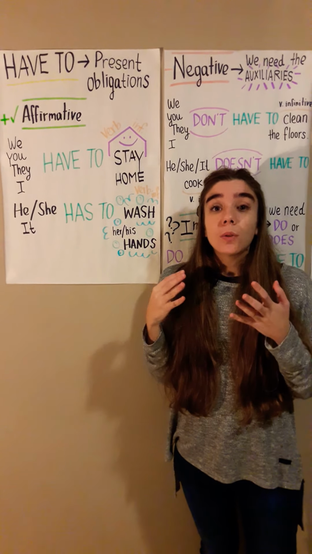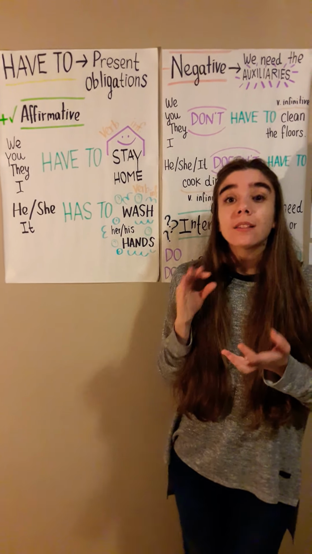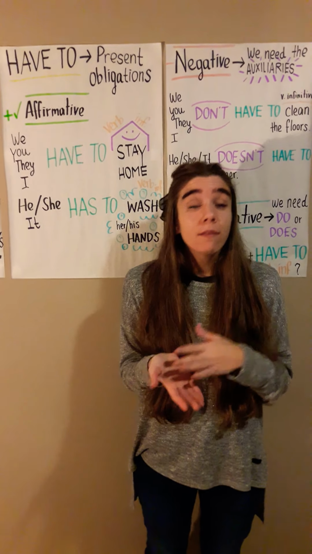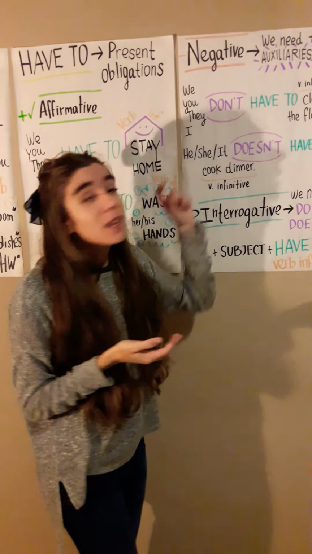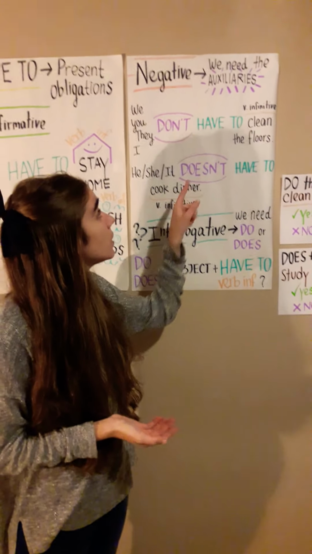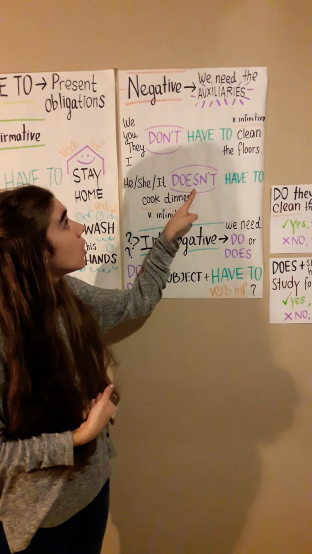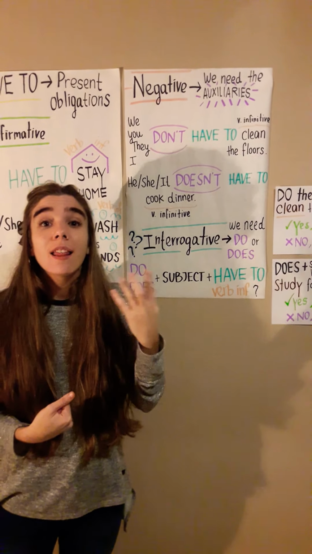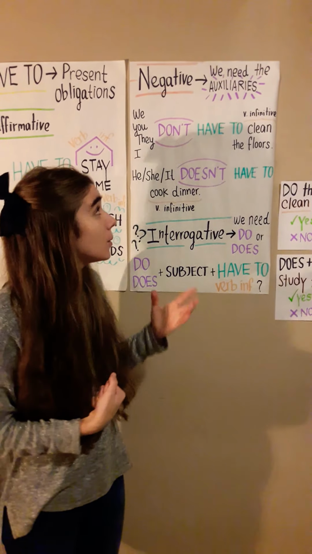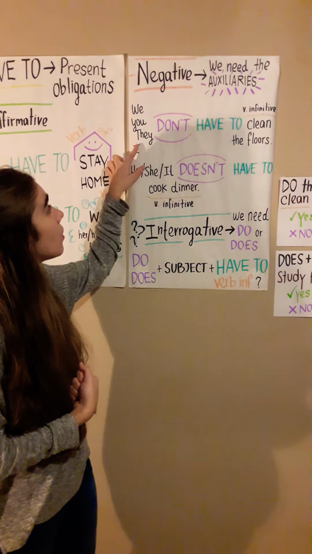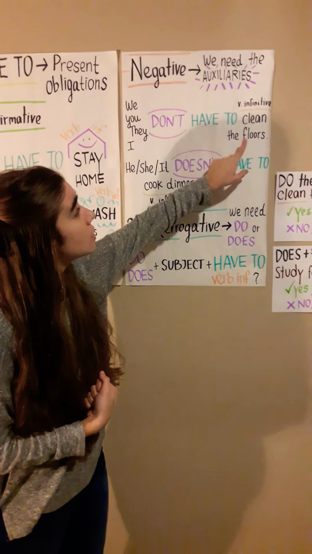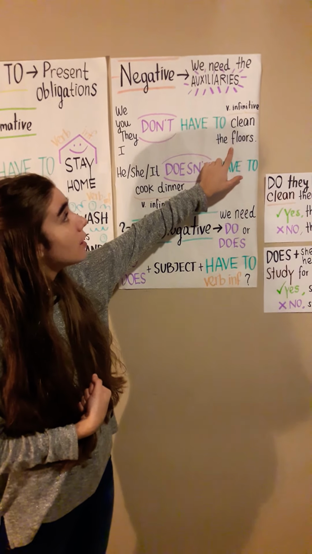When we write sentences in the negative, we need to use the auxiliaries. We are going to use don't or doesn't in the negative sentences, okay? We, you, or they don't have to clean the floors.